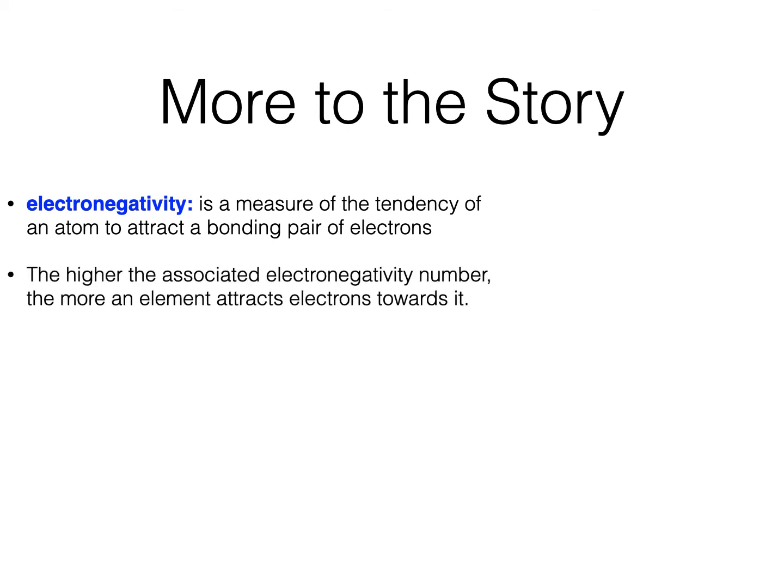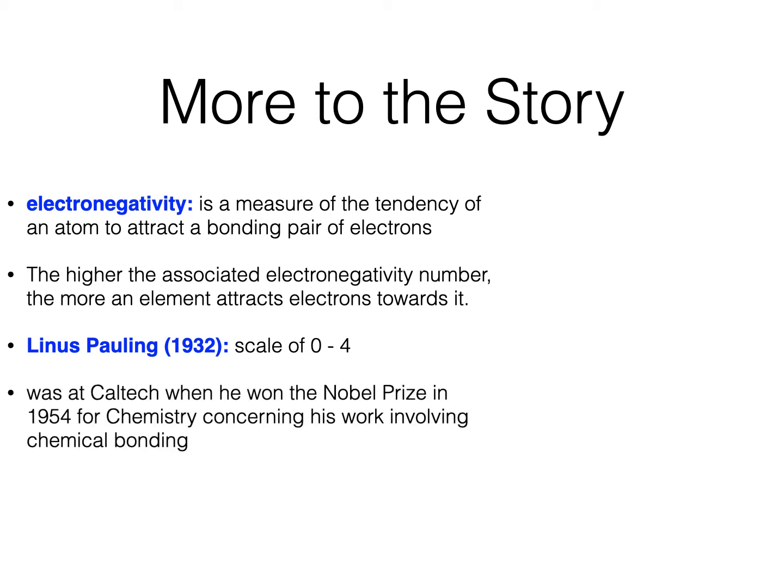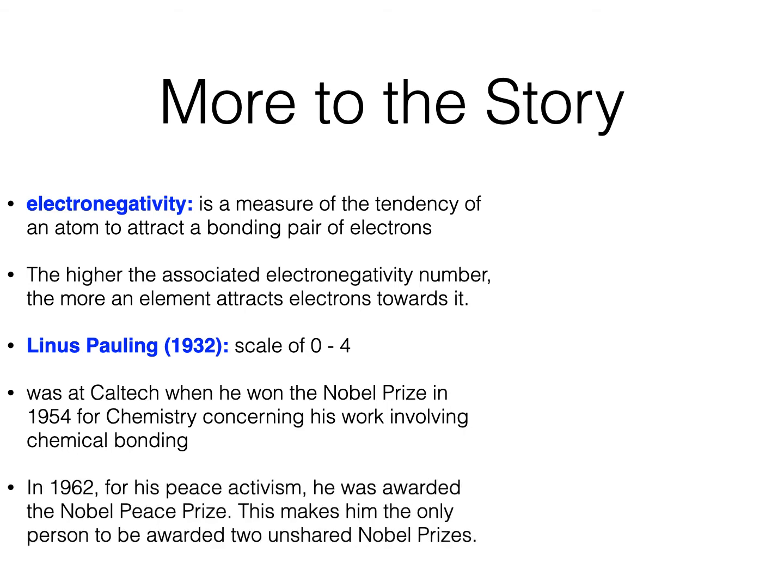The higher the electronegativity value associated with a particular element, the greater the attraction for electrons. So Linus Pauling, who was a very renowned chemist, came up with a scale that ranges from 0 to 4, 0 being low electronegativity, 4 being high electronegativity.